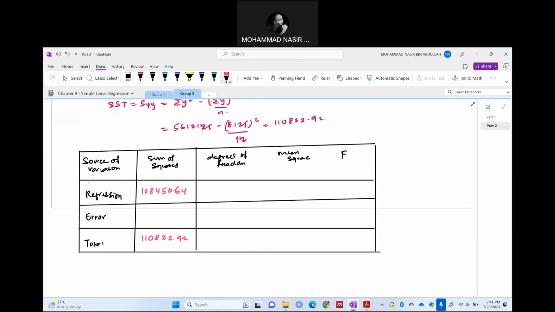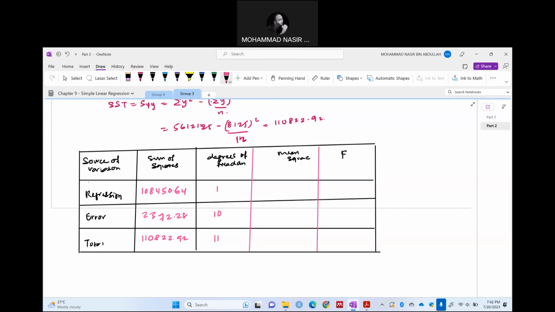Error should be the balance, 2372.28. And then the degree of freedom, we know that n is equal to 12, so total is 11. Error is n minus 2 equal to 10, regression is 1. Right.